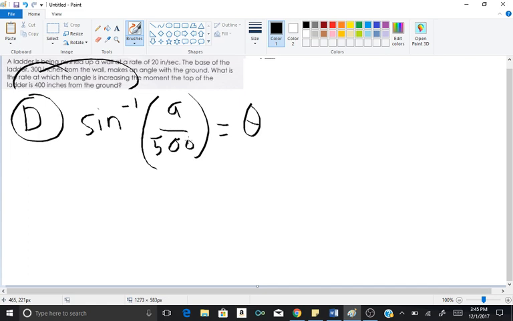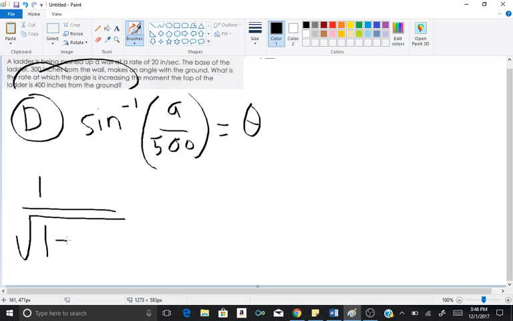Hang on, let me pull my notes up here real quick. All right, so the derivative of inverse sine is going to be 1 over the square root of 1 minus x squared.